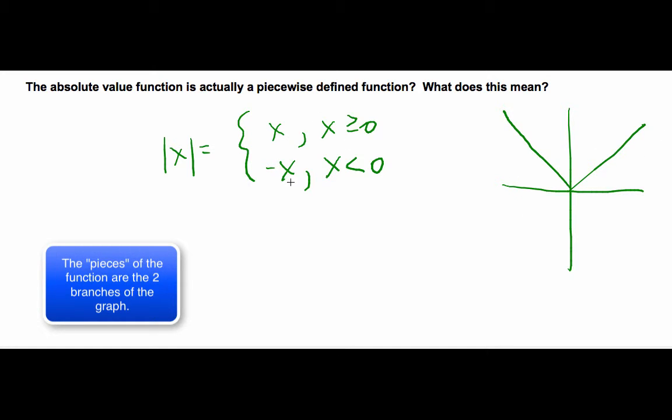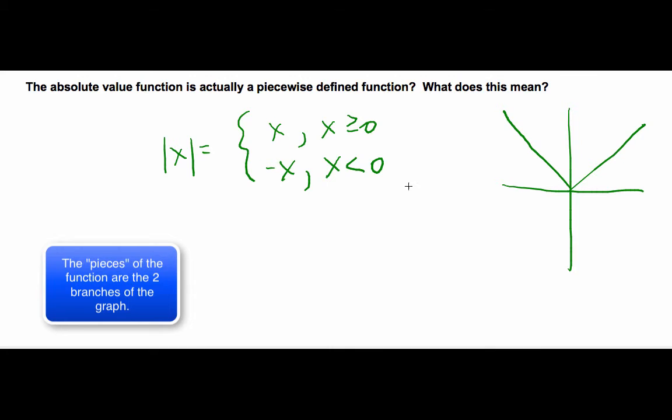x and negative x, if you look at those two pieces separately, those are both linear pieces. Depending on the value of x dictates which piece of the function you're using. If x is positive, then we're using this piece of the function. If x is negative, we're using this piece.